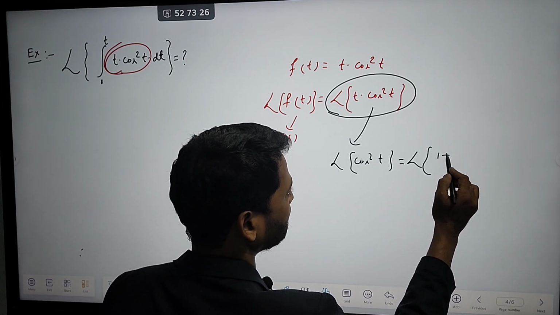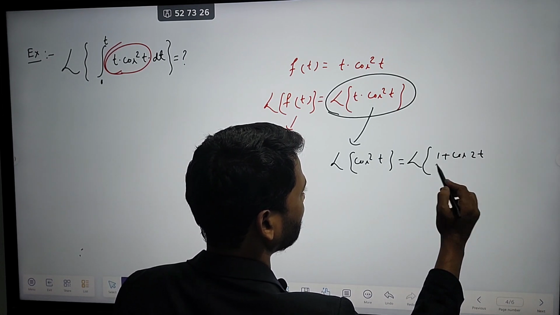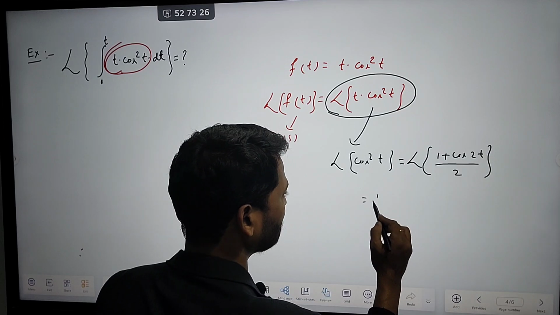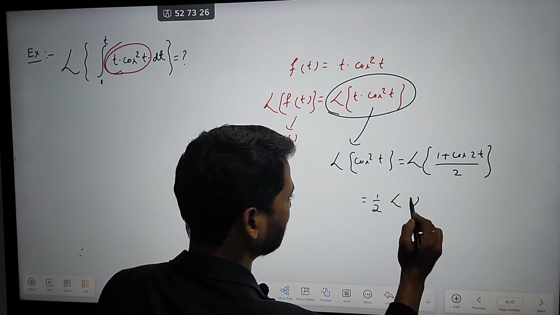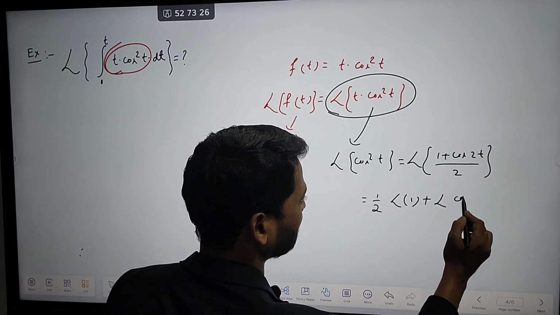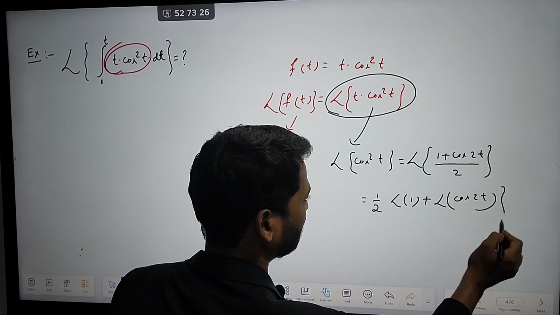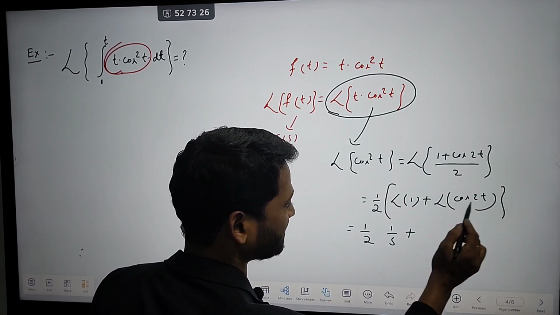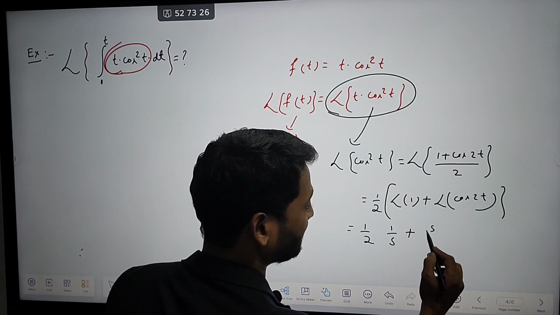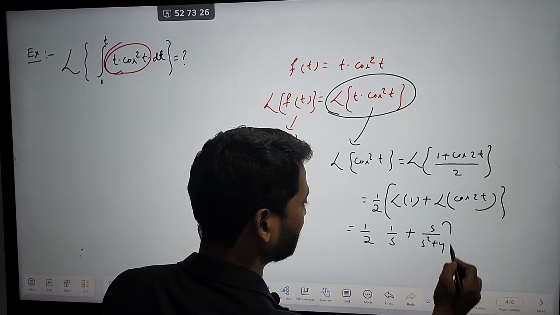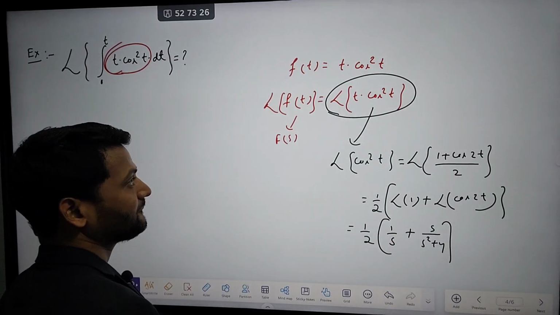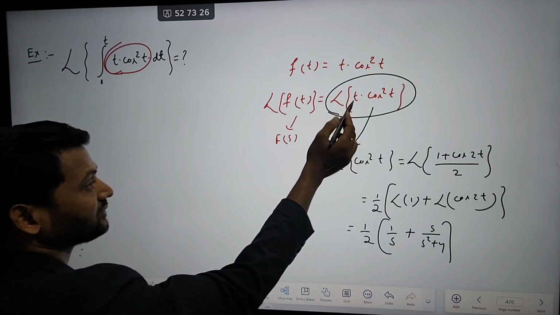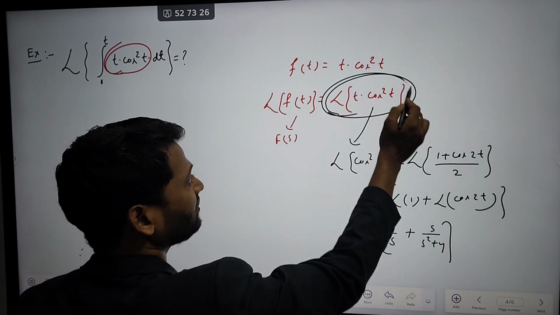Laplace of (1 plus cos 2t) by 2. That means Laplace of 1 plus Laplace of cos 2t. Okay? So Laplace of 1 is 1 by s plus Laplace of cos 2t is s by s square plus 4. But we'll find out Laplace of t into cos square t.